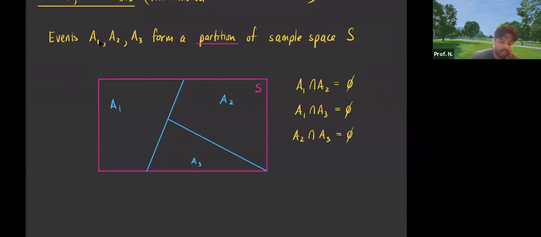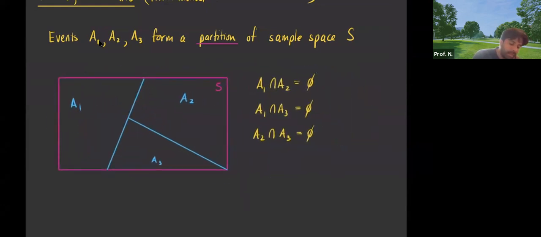They're all empty, which means that A1 through A3, they're all mutually exclusive events, right? So A1, A2, A3 are all mutually exclusive events.